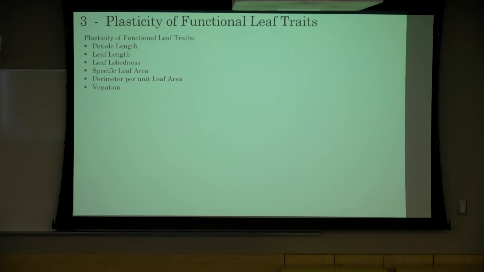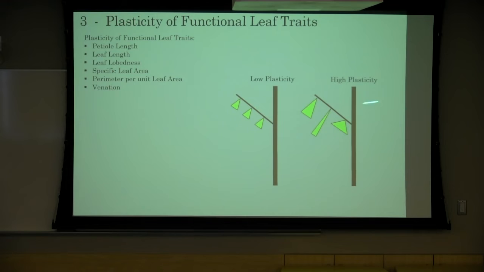We also wanted to look at plasticity, because plasticity is thought to be important, especially for generalists. This is pretty much how much variation an individual can show or adapt to their environment. And we were looking at functional leaf traits because that's kind of the most important thing for plants in terms of expanding into new environments and things like that.